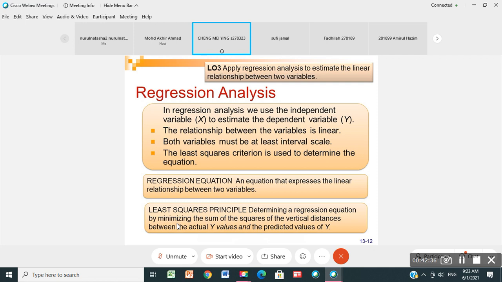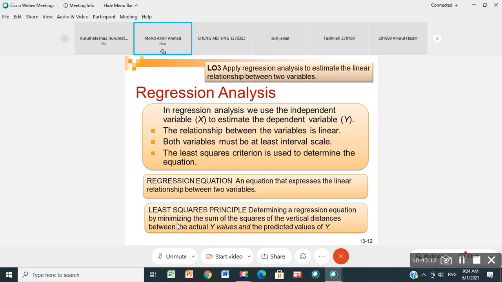The least square criterion is used to determine the equation. Regression equation, an equation that expresses the linear relationship between two variables. Least square principle, determining a regression equation by minimizing the sum of the square of the vertical distance between the actual y values and the predicted values of y. Okay, thank you.